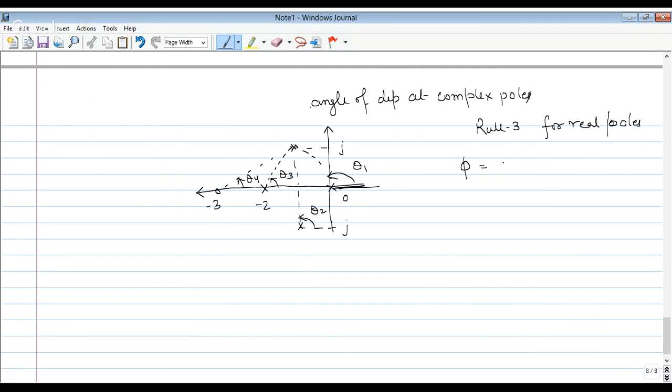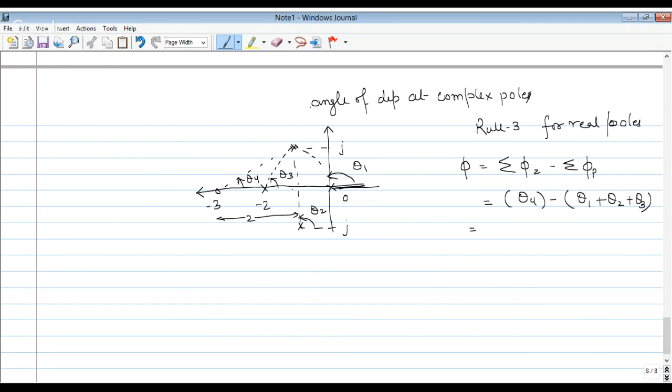First of all, we calculate phi, that is, angle from zeros minus angle from poles. Angle from zero is theta 4. What are the angles from poles? Theta 1, theta 2 and theta 3.